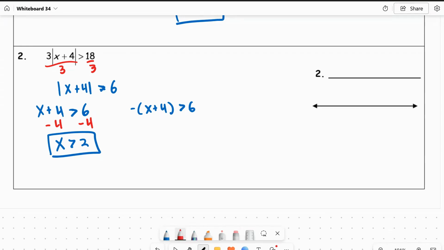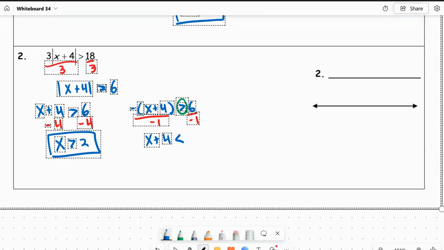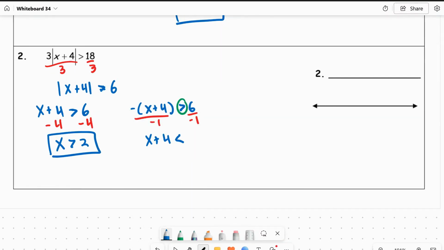On my other side, I'm going to divide by negative 1 first this time. Make sure you flip your sign as always when dividing by a negative. So that's going to give me x plus 4 is now less than 6 divided by negative 1, which is negative 6.